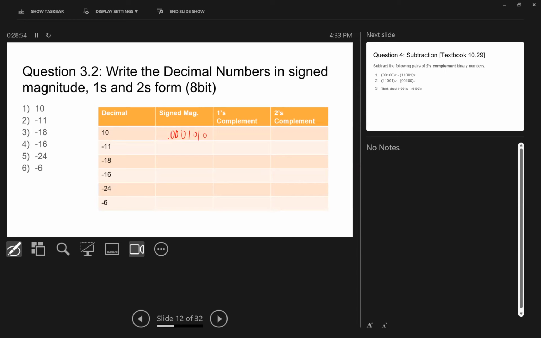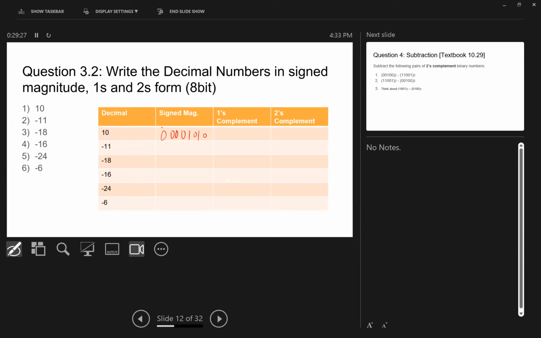First, we transform the decimal 10 to the 7-bit unsigned number, and then according to its sign, we assign 0 or 1 to its MSB. Since it is positive, we will just assign 0 to its MSB. So that's the 8-bit sign magnitude for the decimal 10, right?